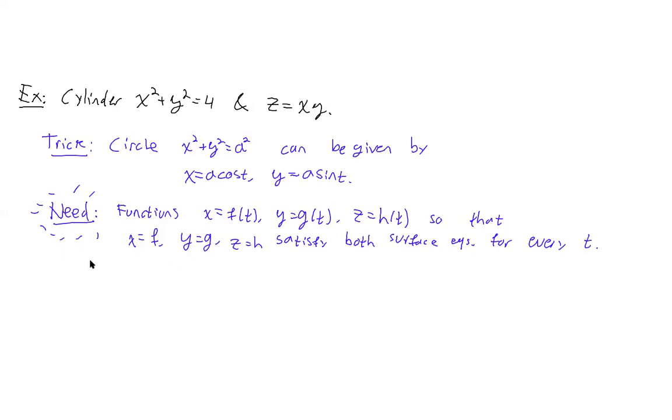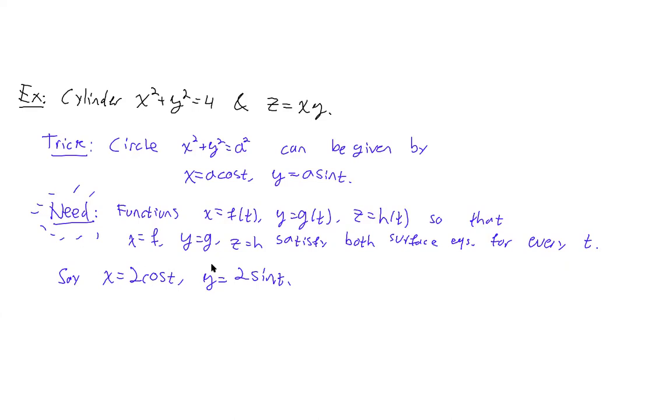Now, the reason this trick works is that we can do that immediately with the first equation. We can do that immediately with the cylinder by letting, using this trick, x be 2 cosine t and y be 2 sine t. And that satisfies the first equation completely for every value of t. But what about the second one? We now need to worry about the z equals xy business.